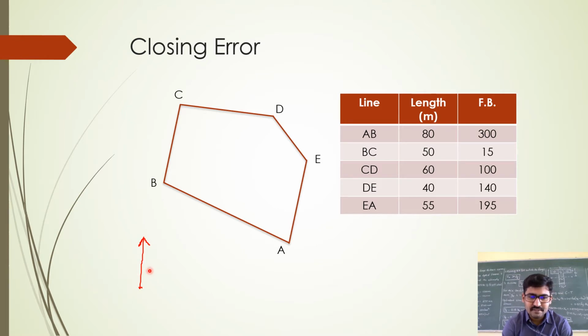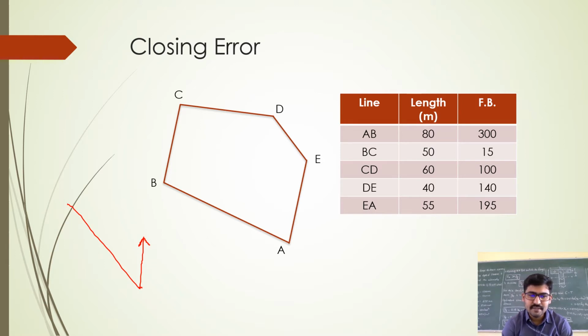Clockwise means this, right? 300 degrees. So how will it be? 90, 180, 270, then 300. So like this, right?